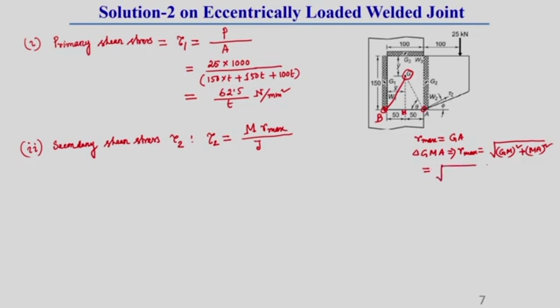So, R max will be GM, and GM we can easily find out. GM is equal to 150 minus y bar, plus MA, which is half of the horizontal weld length, that is 50, square. So, 150 minus y bar, where y bar is given as 56.25, which I have already calculated in the previous slide.